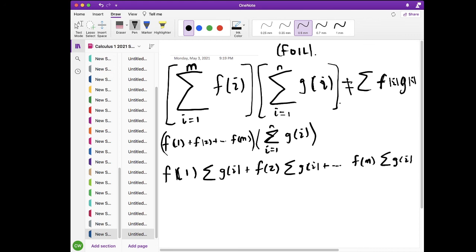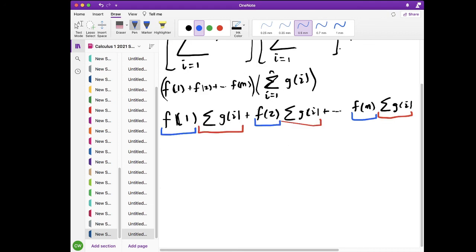But notice now that we have all these things that are the same, all of these sums g i, and we have all of these things that are changing by a simple index. So now we have something changing, and then we have something that's not changing in i.